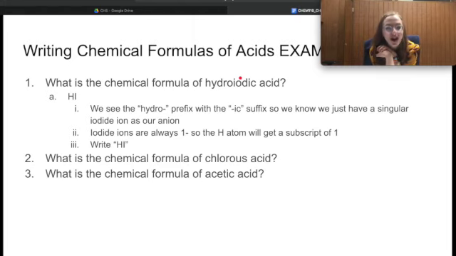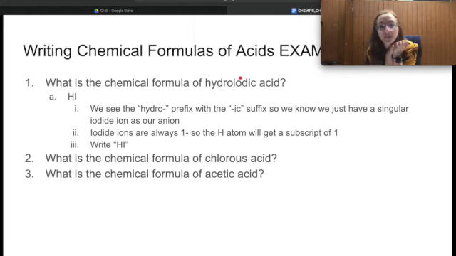We see that hydro prefix with the ic suffix, so we know we must just have the monatomic iodide anion. Iodide ions always take on that 1- charge, so that hydrogen atom gets a subscript of 1. We write HI. Not that bad.